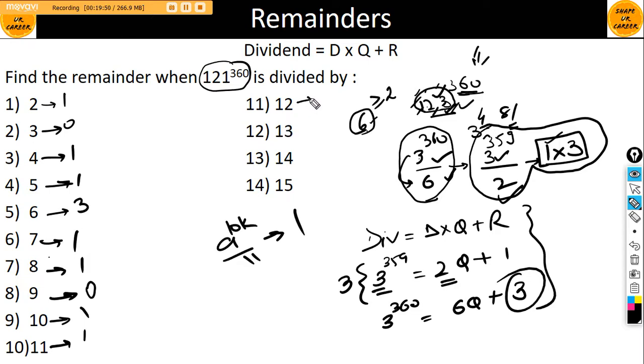Likewise in case of 12 we can say, right, so this number is co-prime with 12, 123. Sorry, it's not co-prime. 3 is the common factor. So 123 raised to power 360 divided by 12 results in a remainder of 3 raised to power 360. So 3 is the common factor which we can cancel out, which results in 3 raised to power 359 divided by 4.